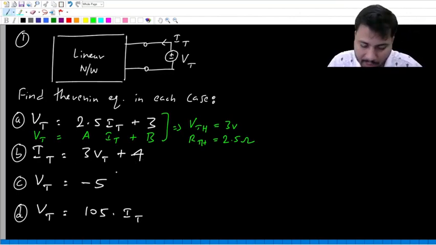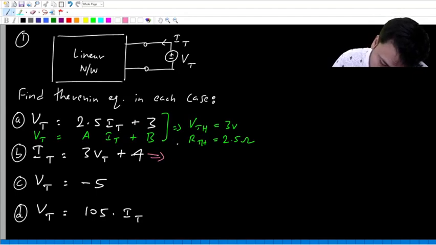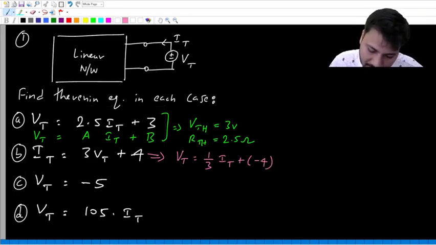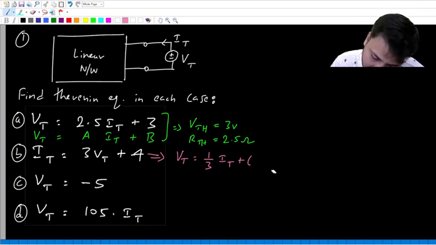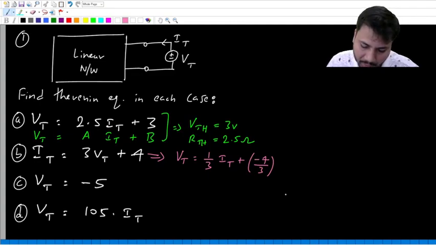Then if you look at the second case, B case, It is 3 Vt plus 4. It is not really in the standard form. You have to manipulate it and express it in the standard form. So the B case can be written as Vt equal to 1 by 3 It plus minus 4 by 3.